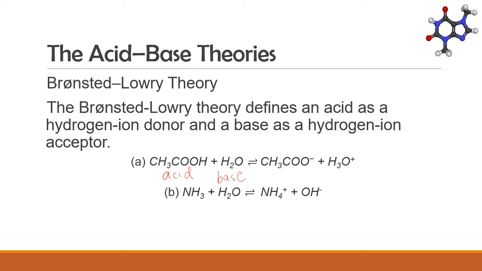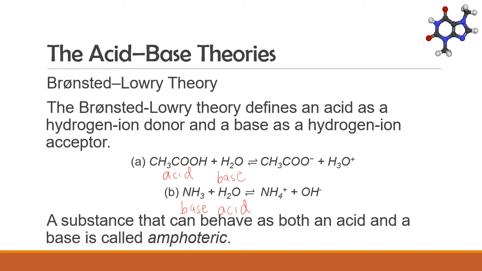However, in our next reaction, we know that ammonia is a base, so water here is reacting as an acid. When a substance reacts as both an acid and a base, we call it amphoteric.